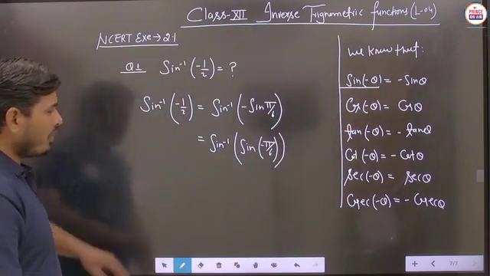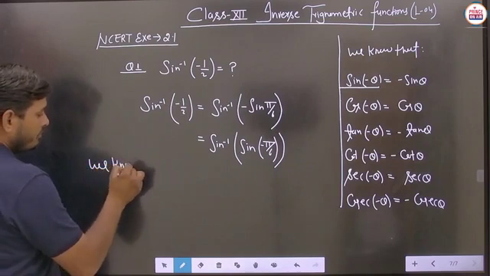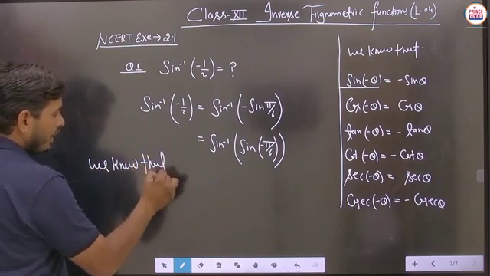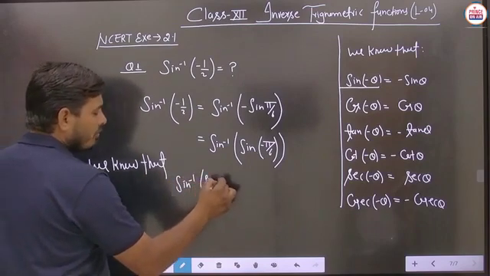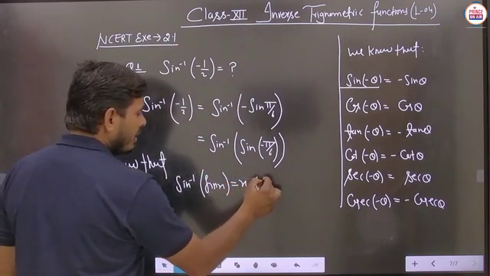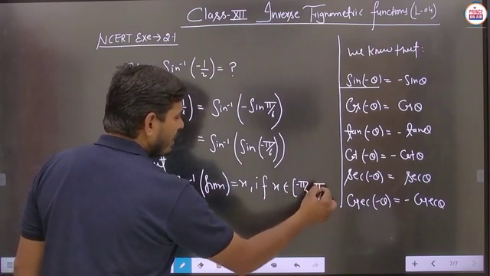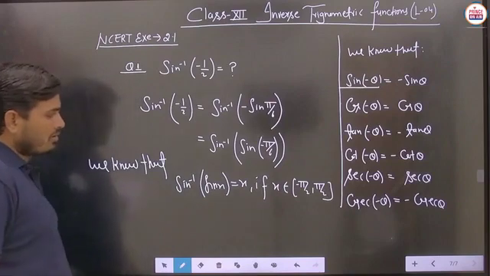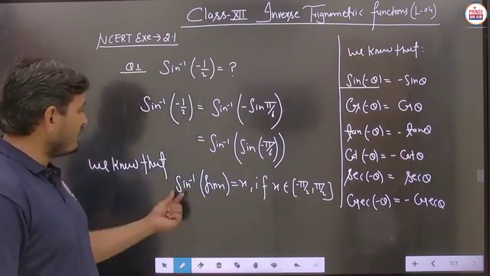Now a very important property we have to discuss. We know that sin inverse of sin x will be taken as x if x belongs to minus pi by 2 to plus pi by 2, because students we discussed this property in the last video, where we said that sin inverse of sin x will be x.